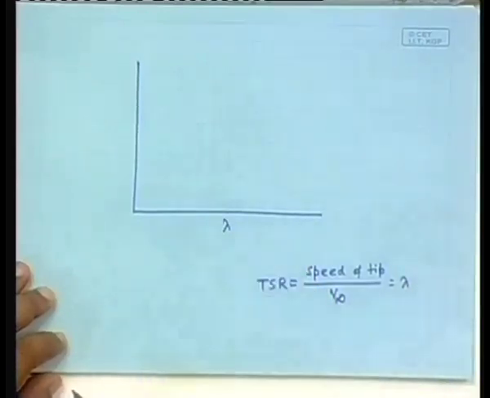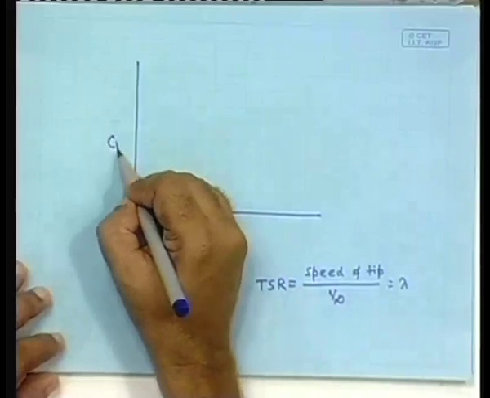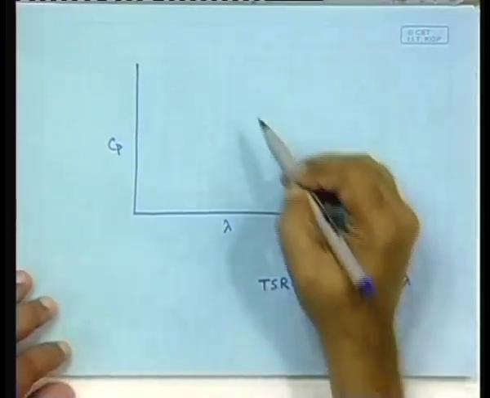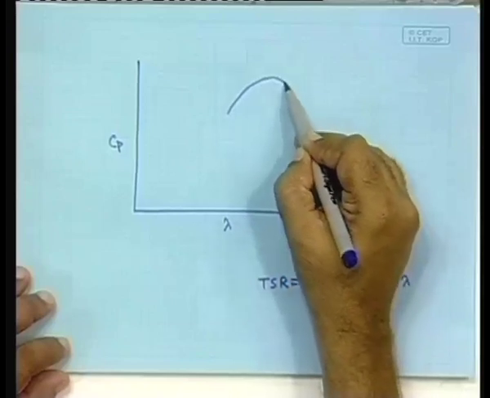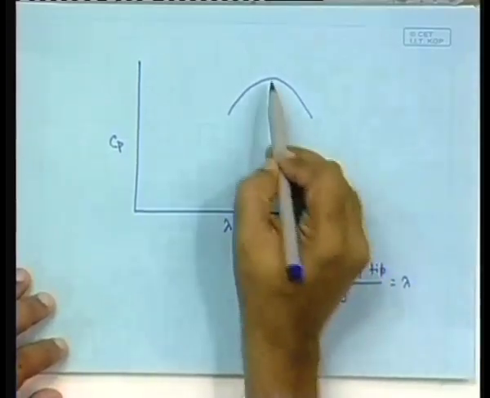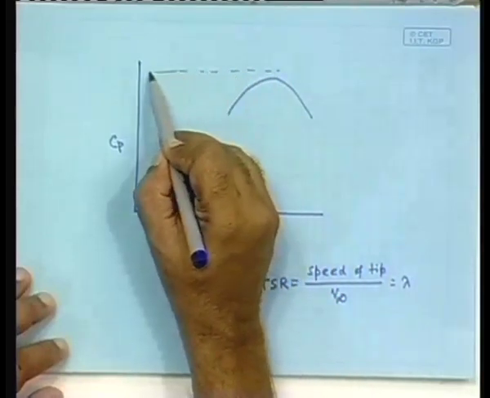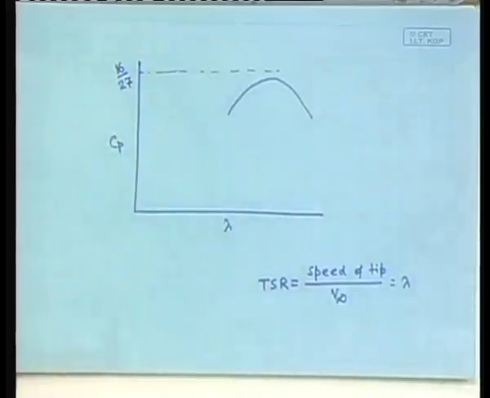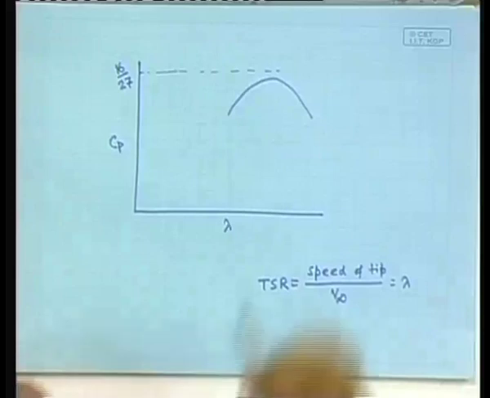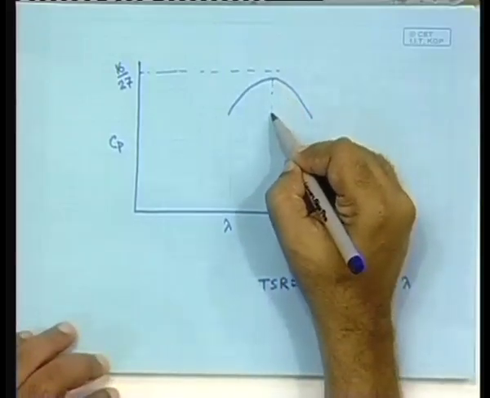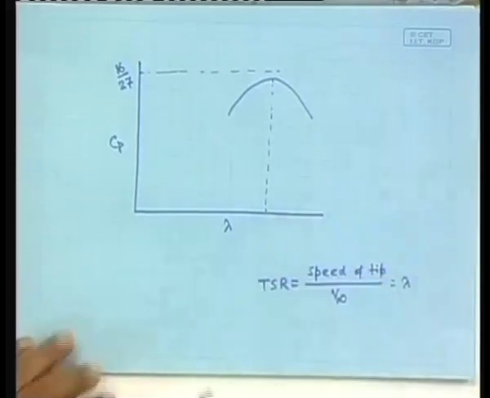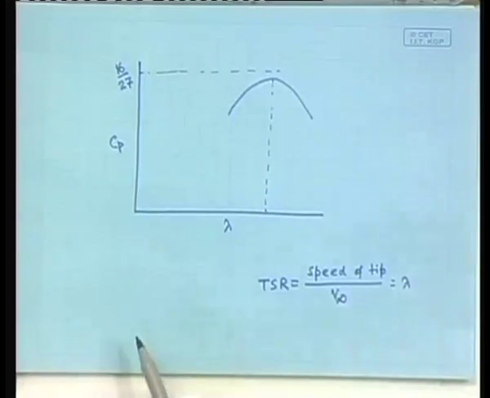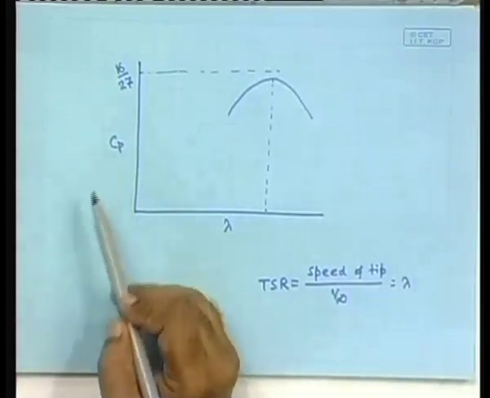So, lambda versus power coefficient, you have seen that it has a characteristic something like this, while the peak, the maximum possible value, is 16/27. Okay. This means that the maximum power coefficient occurs only at a specific tip speed ratio. Okay, that we have seen already, but this is the power coefficient.